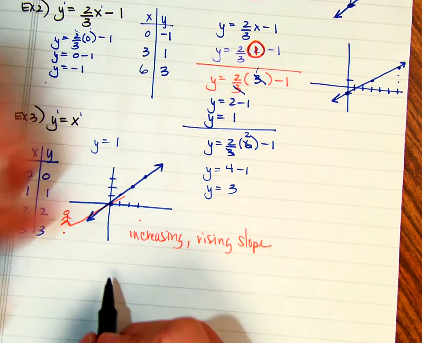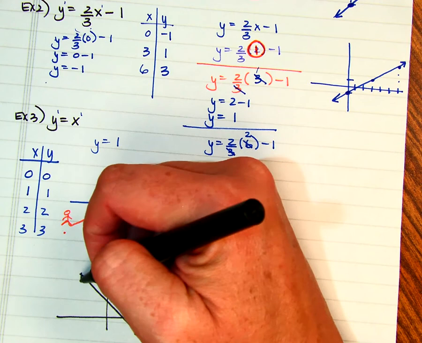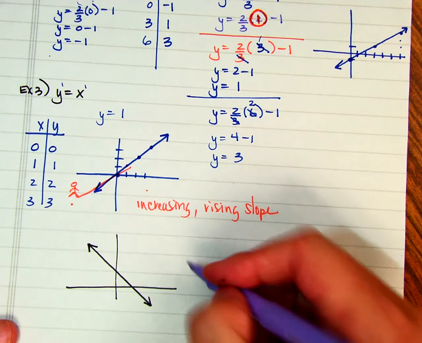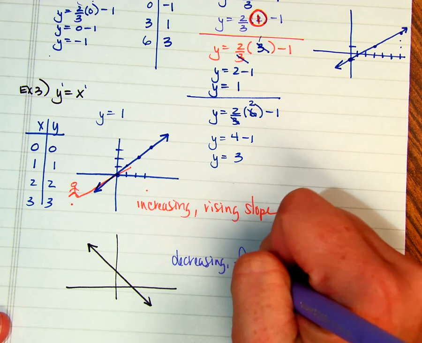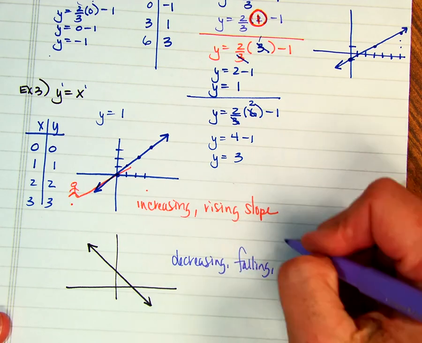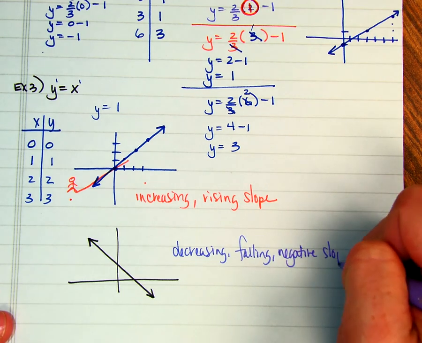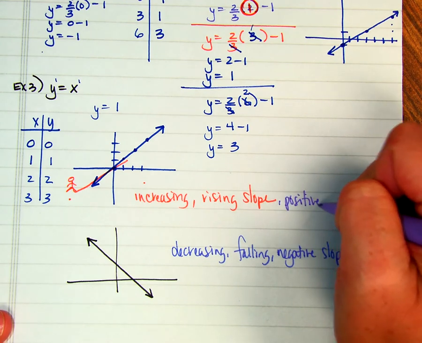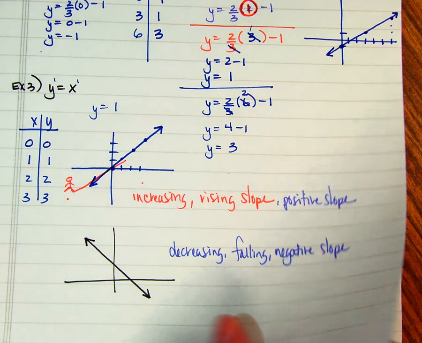If you have a graph going the other direction, these might be called falling, might be called decreasing, might even be called a negative slope. We'll talk more about slope. And we're going to say a positive slope up here. Okay, so that's what you're doing when you are graphing a function rule. So you should end up with lines.